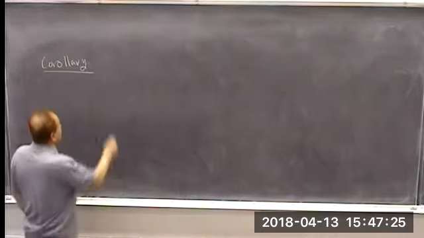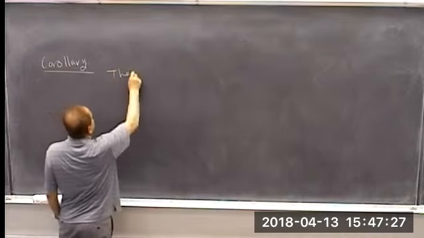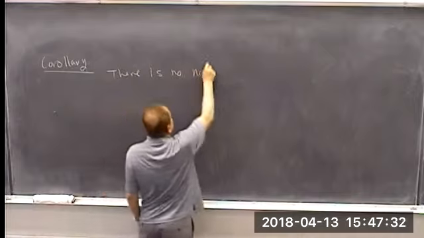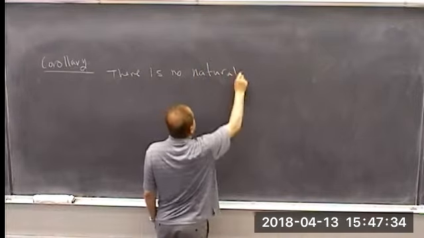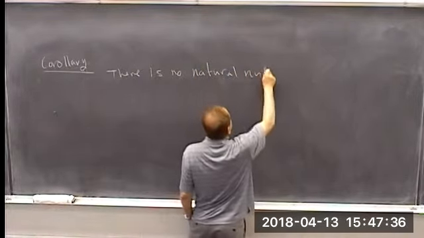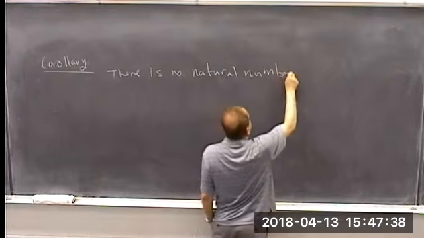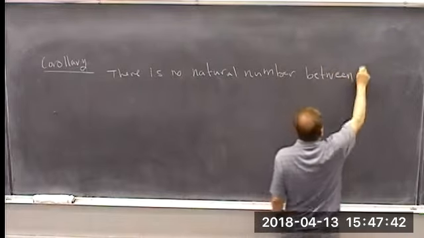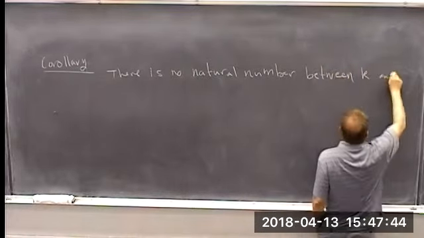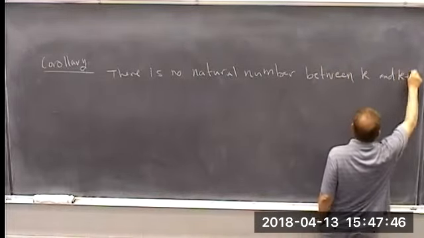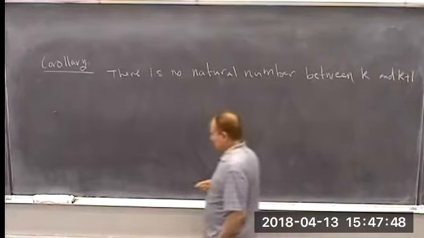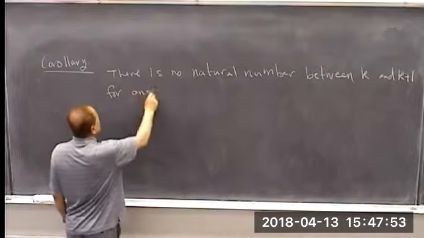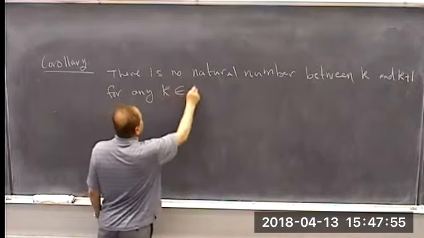It reads like this: there is no natural number between k and k plus 1, between a number and its successor, for any natural number k.